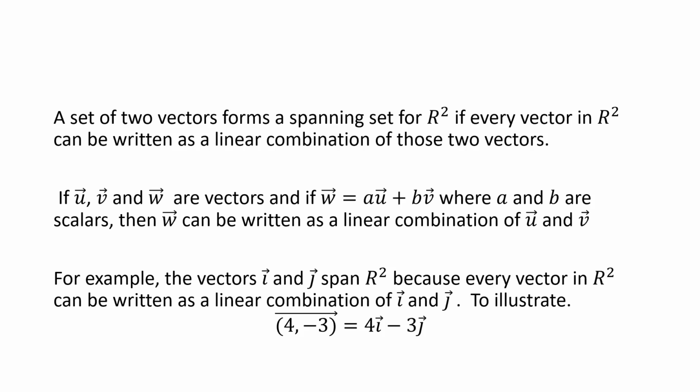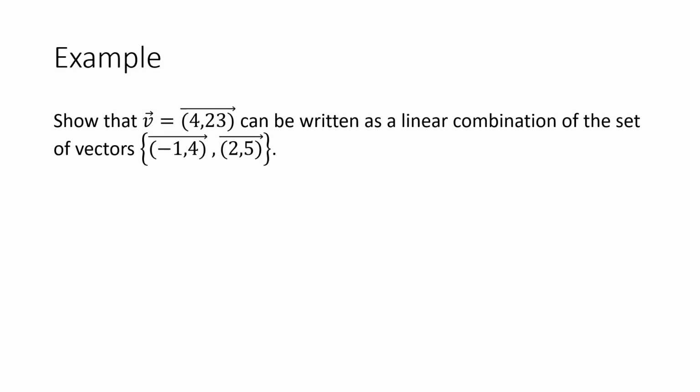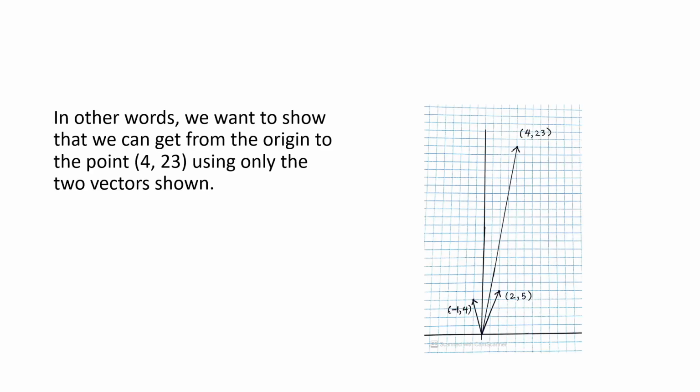So that's a simple example. And if you're curious, can one of these numbers be 0? The answer is yes, that's allowable. So what we want to do now is show that the vector (4, 23) can be written as a linear combination of the set of vectors (-1, 4) and (2, 5).